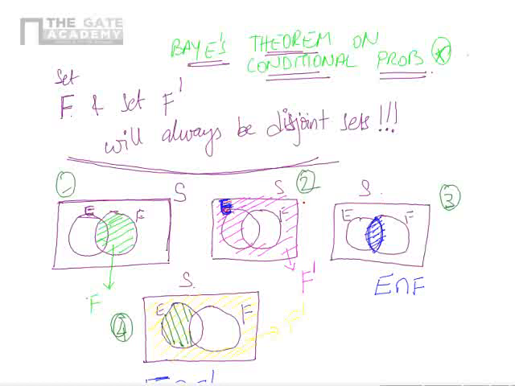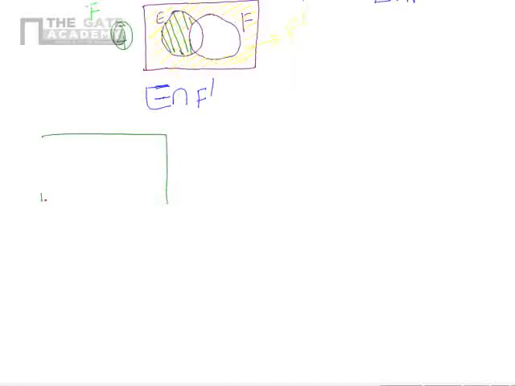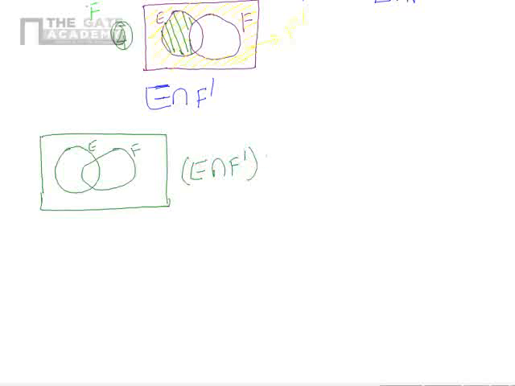Okay. Now I am going to do E, F. So what I am going to do is E intersection F complement union E intersection F. This is what I am going to do.